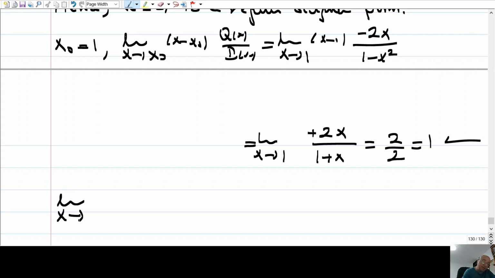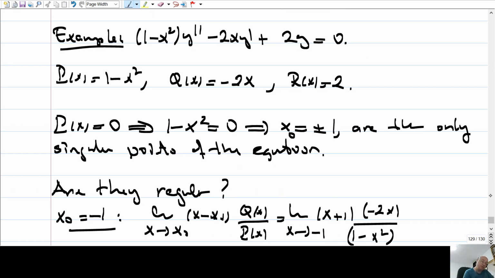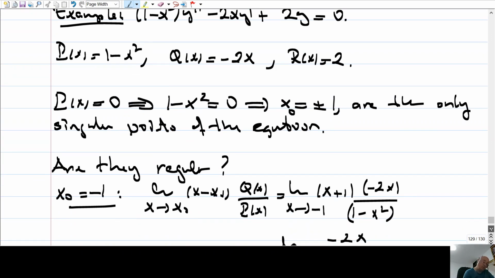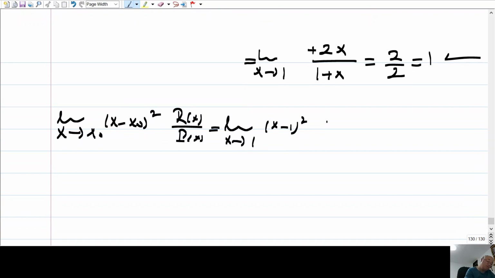What about the other limit? Limit as x goes to 1 of (x minus 1) squared r(x) divided by p(x). r was 2, over 1 minus x squared.